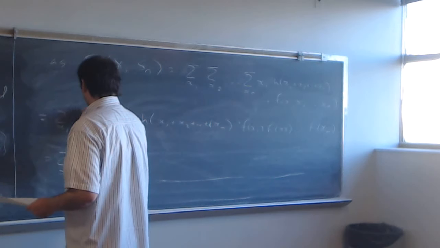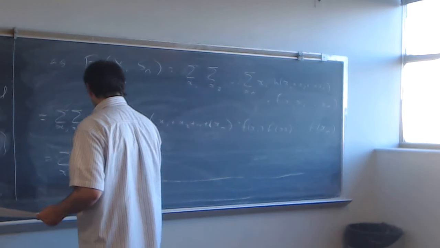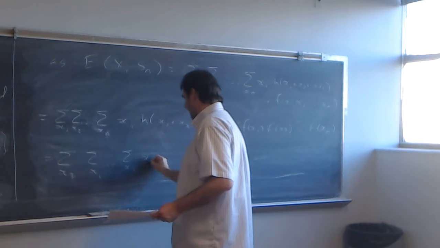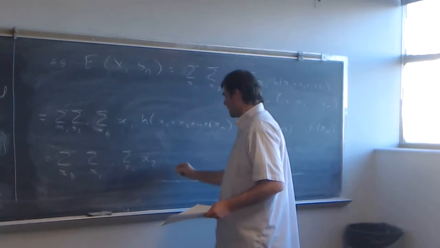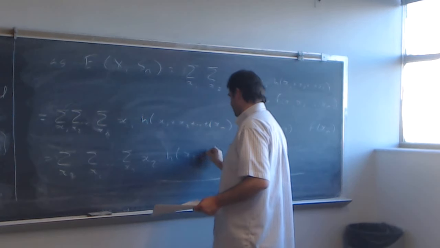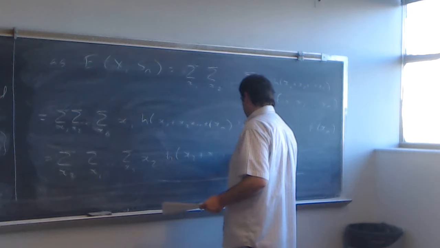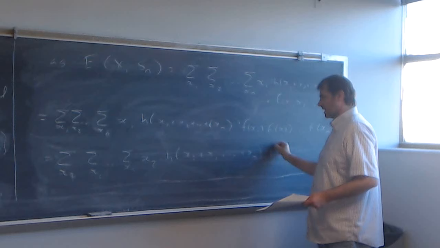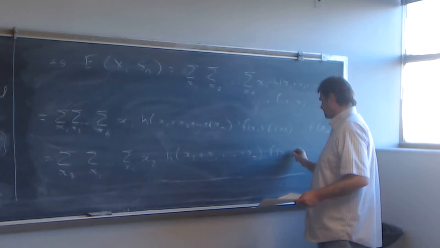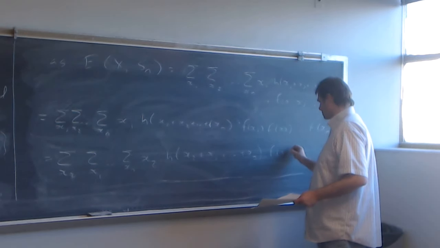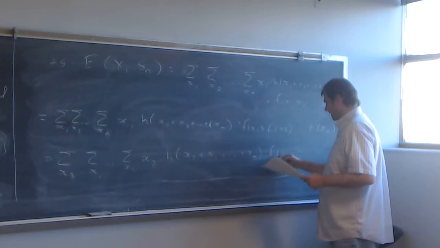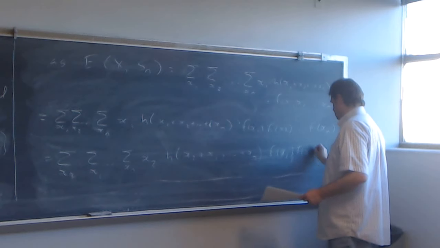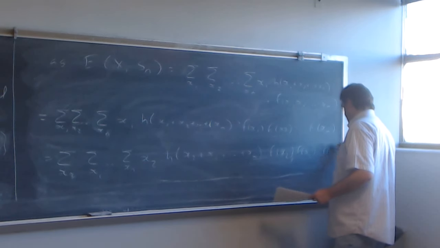Up to the sum of the xn, and I could replace this by x2, and here this is h of x2 plus x1 plus x of n, and then this is f of x1, or I could put down x2 and x1 here, it doesn't matter, up to f of xn.